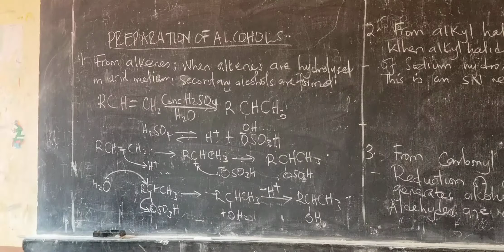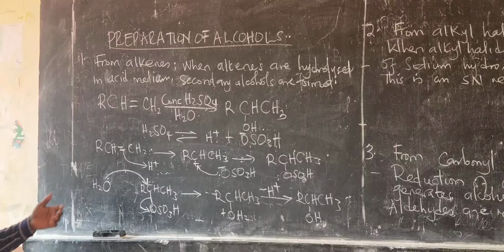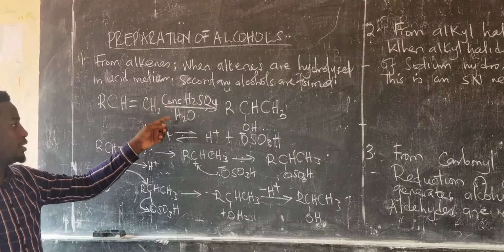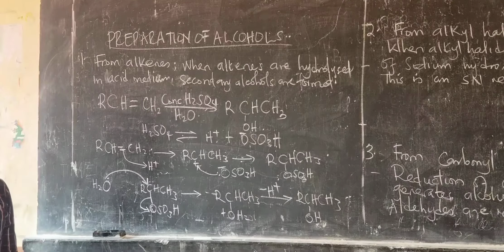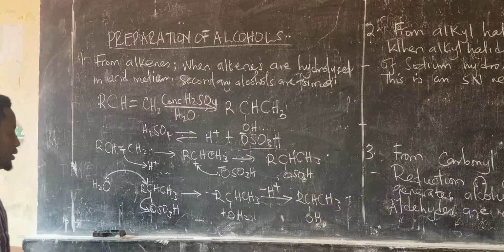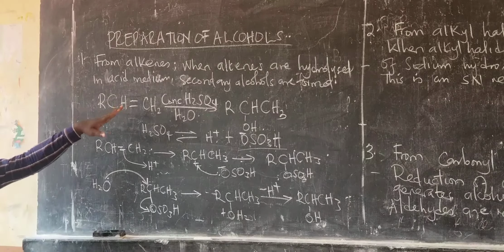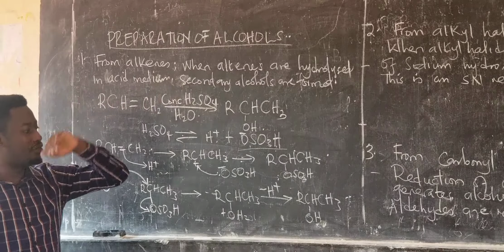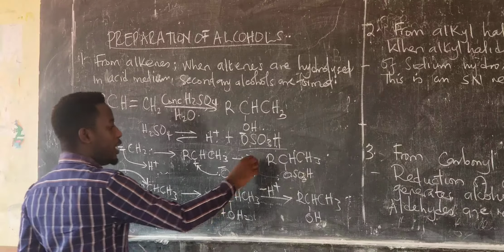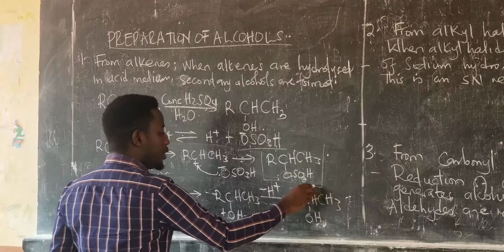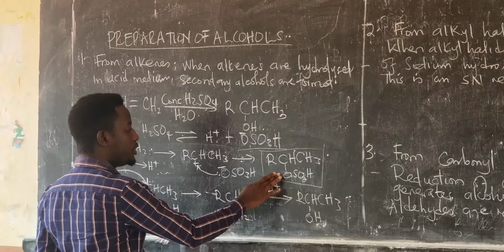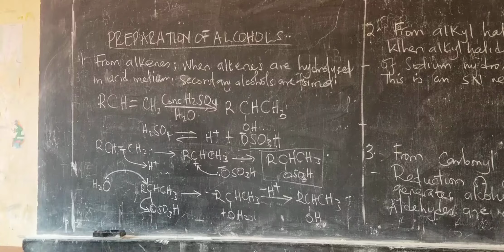So that's exactly what happens. In the first reaction, if they have not specified, they are just saying H plus in presence of the water, you don't need to show the formation of the hydrogen sulfate. However, in this case, since they have insisted that we use concentrated sulfuric acid, in some textbooks, you will see the formation of this kind of compound. When you see it, you should not be confused.